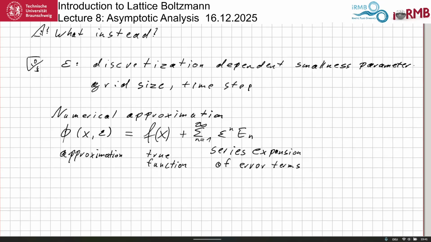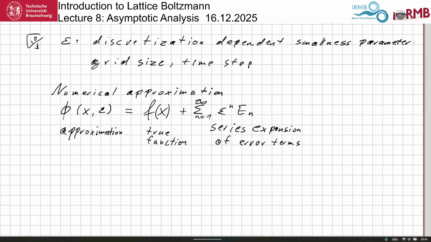So now, actually, you can always say that something is something plus an error. In order for the method to make any sense, we call them consistent.